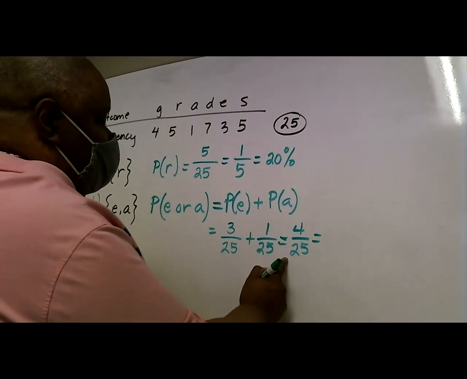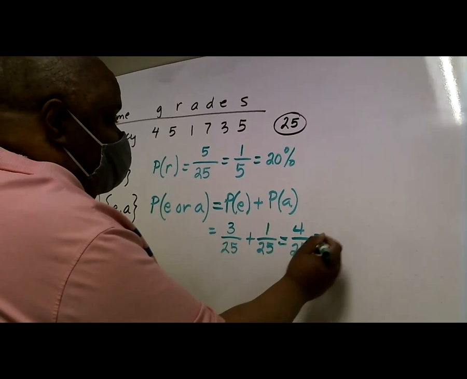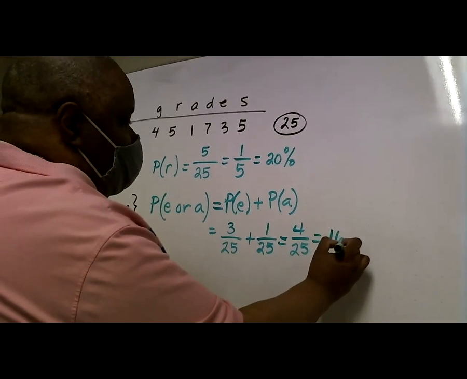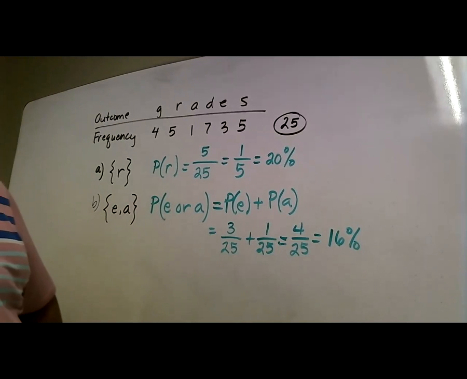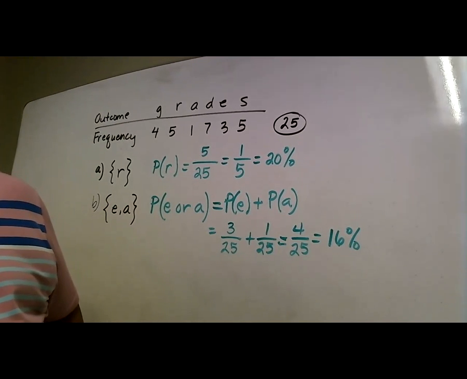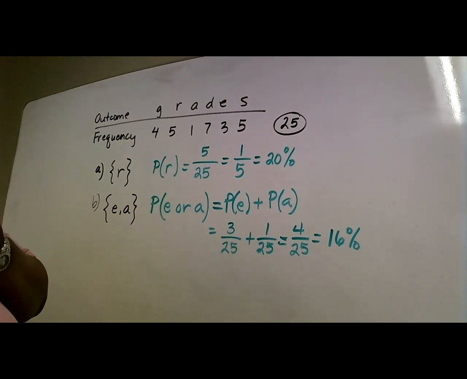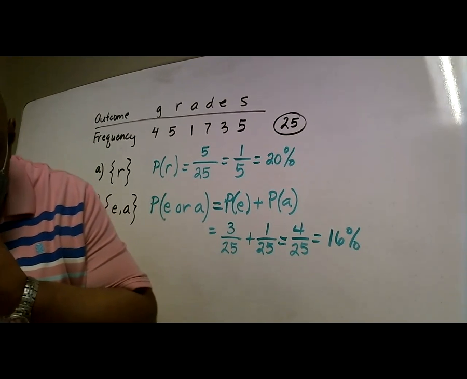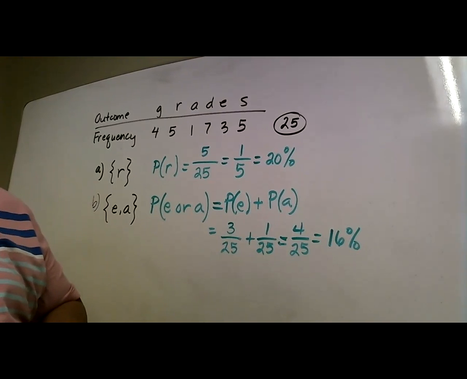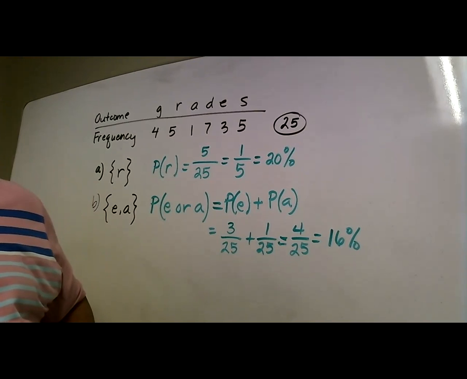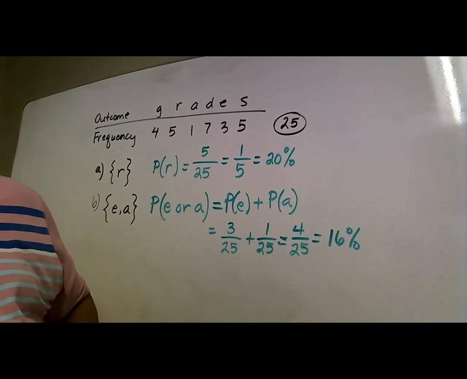You do 4 divided by 25, that would give you 0.16, but here we multiply by 100 and add the percent sign. So it'd be 16%, meaning it'd be a 16% chance of this student selecting an A using an experimental probability. All right, any questions about problem number 3?